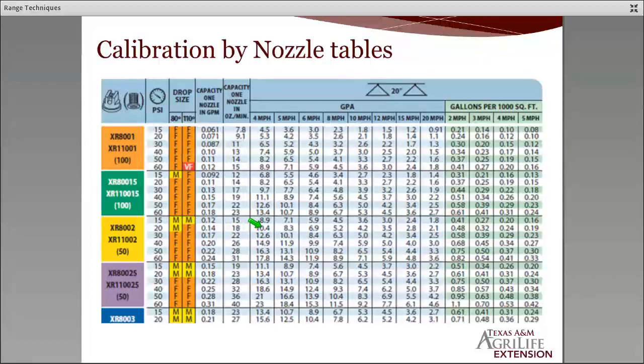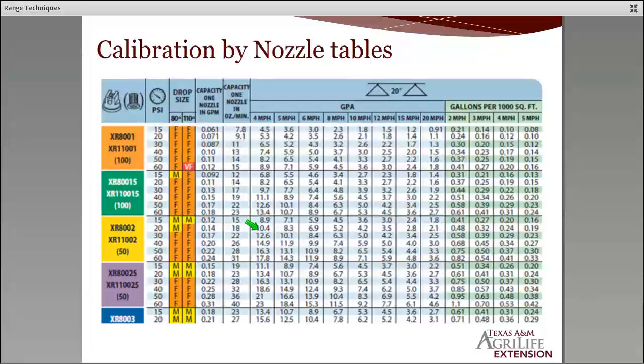Let's say you're going to do a rangeland and pasture weed control application at 10 gallons to the acre. If you had this XR8002 nozzle at 4 miles an hour, you would be emitting 10.4 GPA.